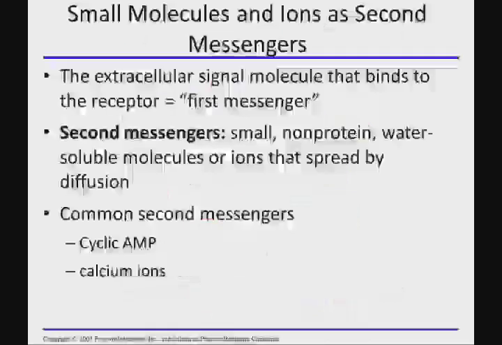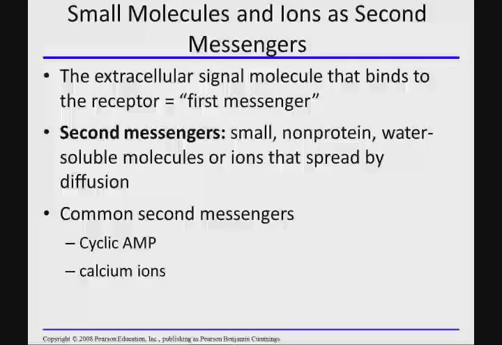Now, the other topic that we need to introduce at this point is the idea of the second messenger. So the extracellular signal, the ligand that originally binds the receptor, we call that the first messenger. And we generally don't even talk about the first messenger because we're usually talking about a hormone or whatever generic ligand we're referring to. But second messengers then are going to be an integral component of the transduction pathway.